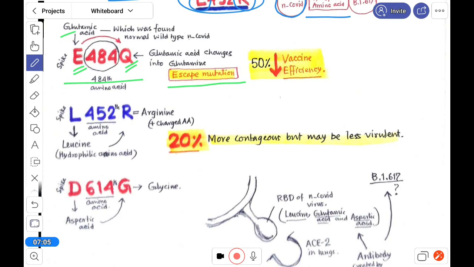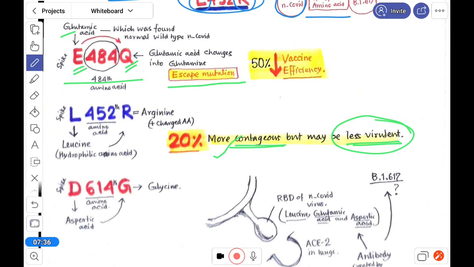Another change in the spike protein is L, leucine, a hydrophobic amino acid, which changes into arginine, a positively charged amino acid, and this change makes it 20% more contagious. So it is a new virus, it may be less virulent, but research is still going on, so we cannot say all this confirmedly, but it is contagious, that is confirmed.